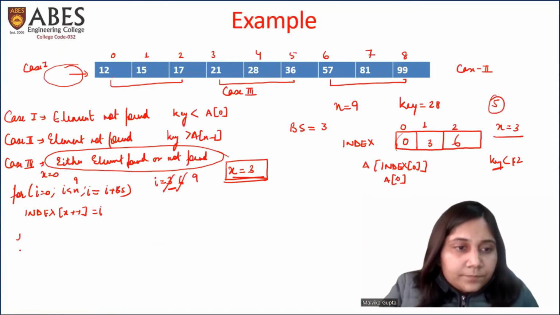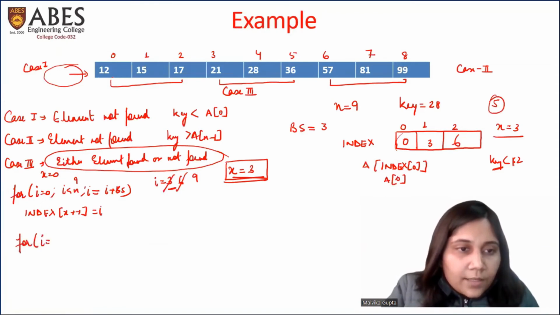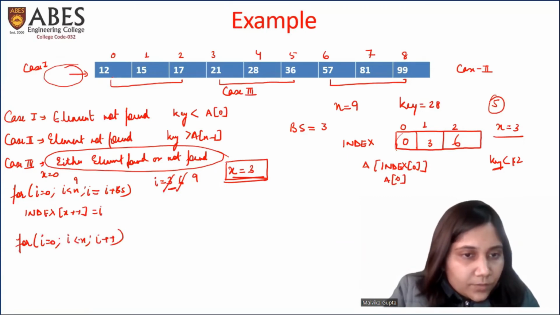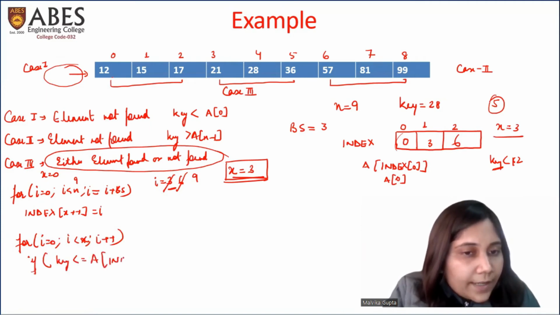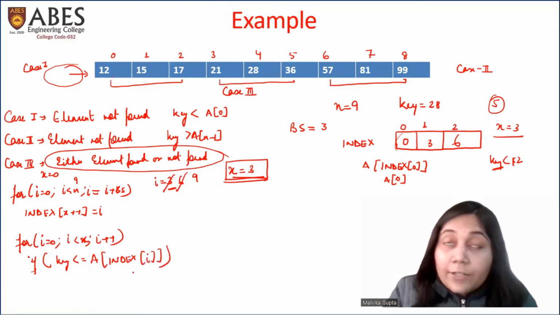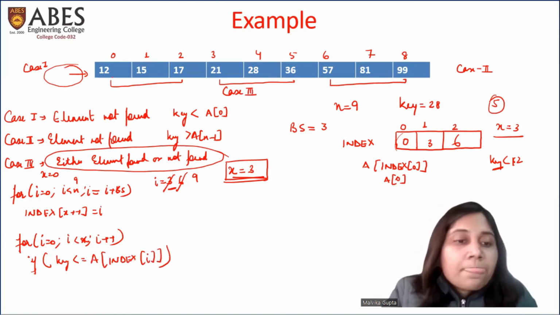I'm writing this here: for I equals 0, I is less than x, I plus plus. This is x. I'm writing the condition: if key is less than or equal to a of index of I. Now try to understand what we are going to do.